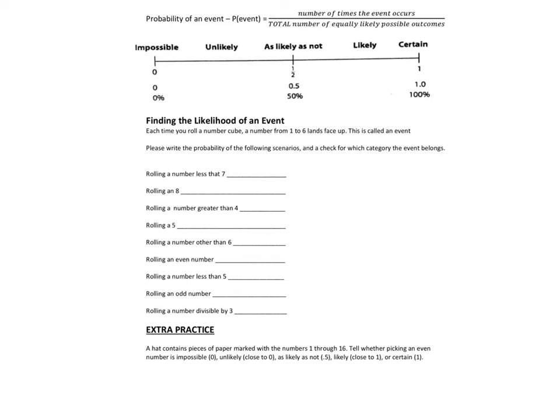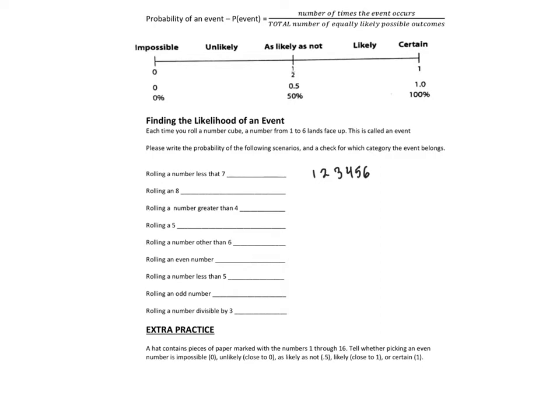So we see the first one is rolling a number that is less than 7. So we have on a number cube 1, 2, 3, 4, 5, and 6. I like to underline or circle or highlight which ones are available for that event.